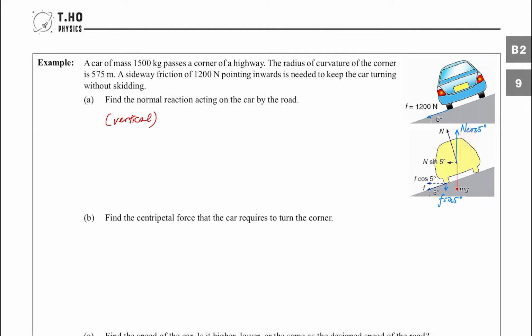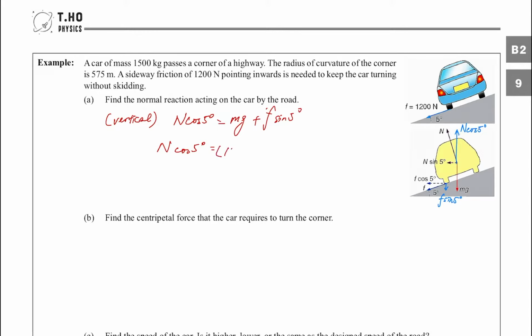The vertical components, upward we have N cosine 5 degree, and downward we have mg and F sine 5 degree. Therefore, we can write down upward force N cosine 5 degree equals downward force mg plus the component of friction F sine 5 degree.